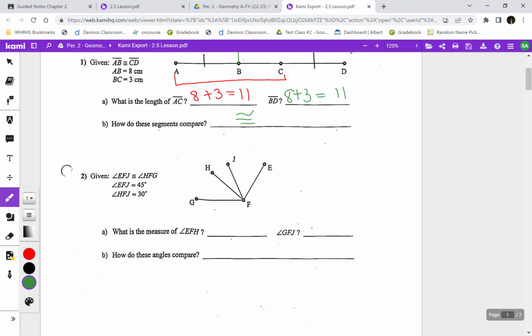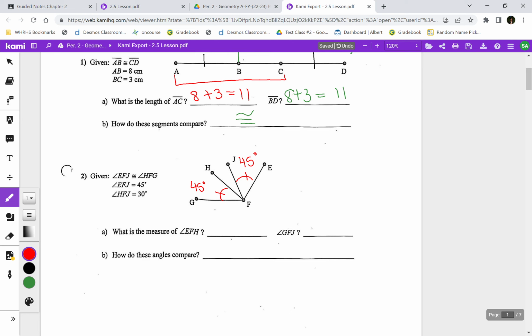Okay, so here we're going to have angle EFJ, so this angle is congruent to angle HFG, this angle. Then we're being told that EFJ is 45 degrees, which means HFG is also 45 degrees.